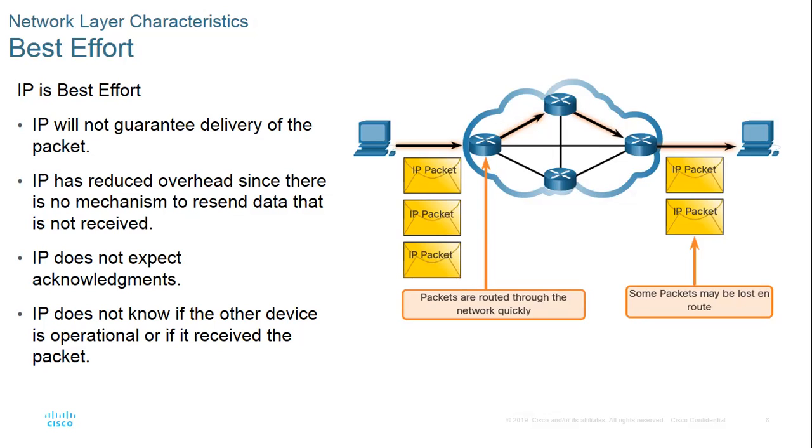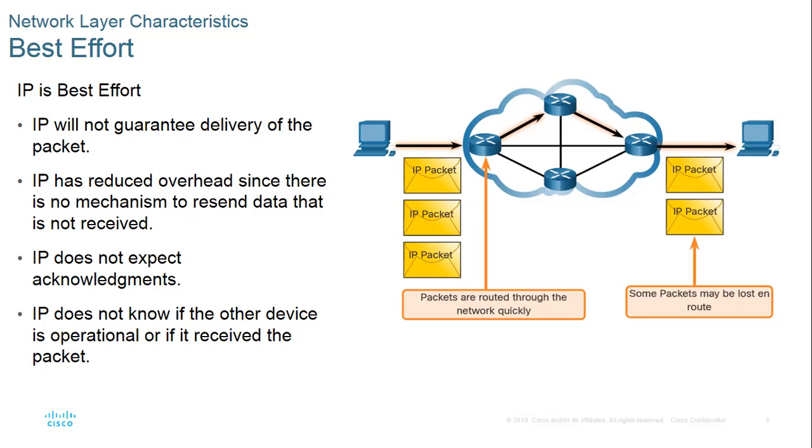Also, IP is not a reliable protocol, which means if data is dropped for some reason, the IP layer will not recover from this loss. There's no acknowledgement mechanism deployed in order to know if the packet is well received by the destination or not.